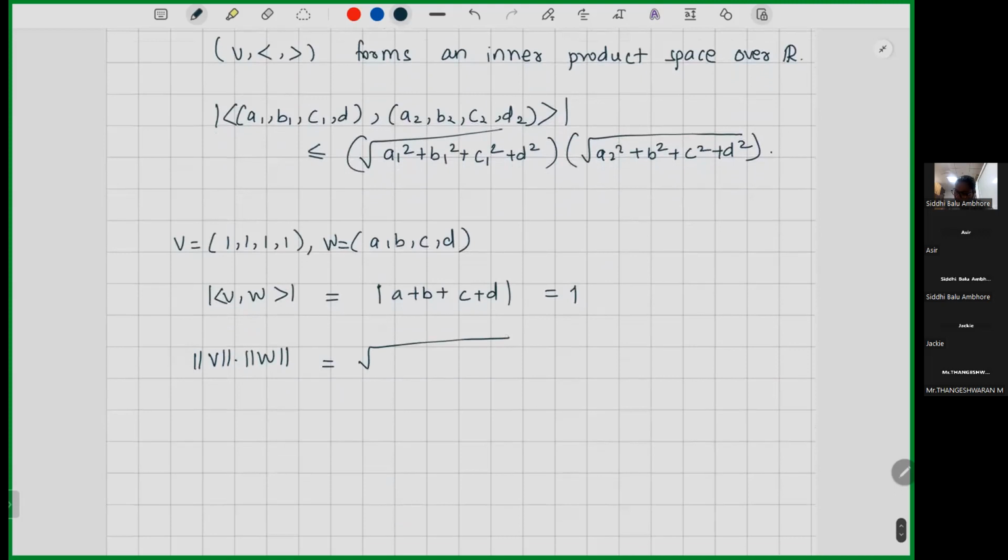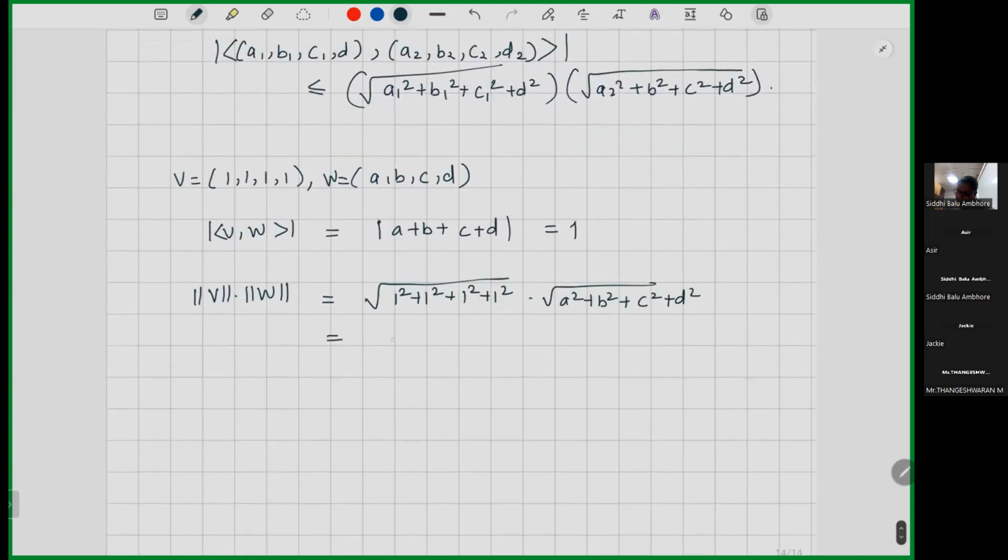This is square root of 1 square plus 1 square plus 1 square plus 1 square, and this is square root of A square plus B square plus C square plus D square. And this is square root 4 into square root of A square plus B square plus C square plus D square.